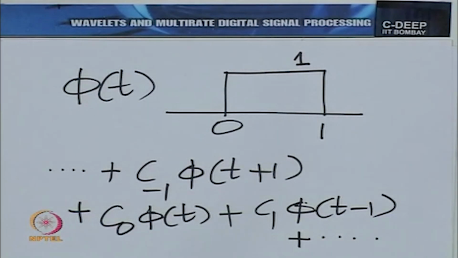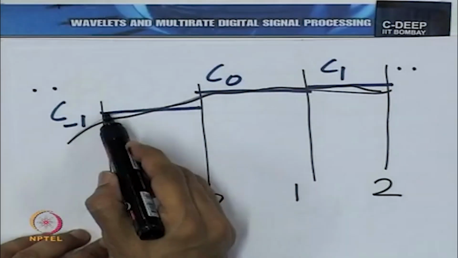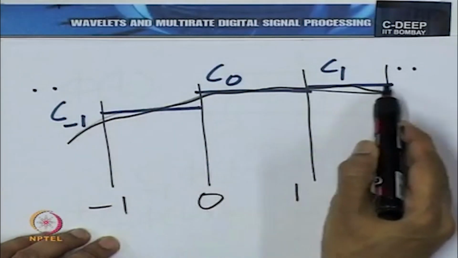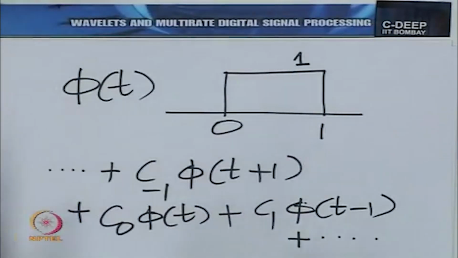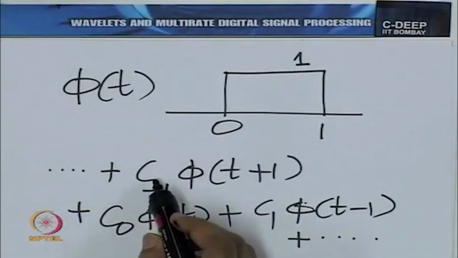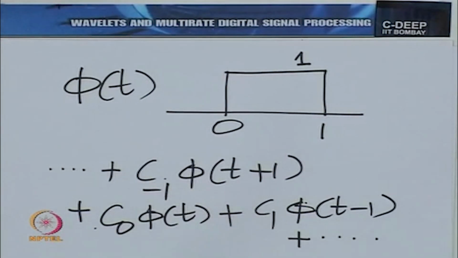So, to conclude this introduction of this correspondence, we can note that equivalent to this piecewise constant representation that I have here, this function in V 0 that we talked about last time, is the set of values c minus 1, c 0, c 1 and so on. So, the sequence c n, n over all the integers, is equivalent to that piecewise constant function in V 0.